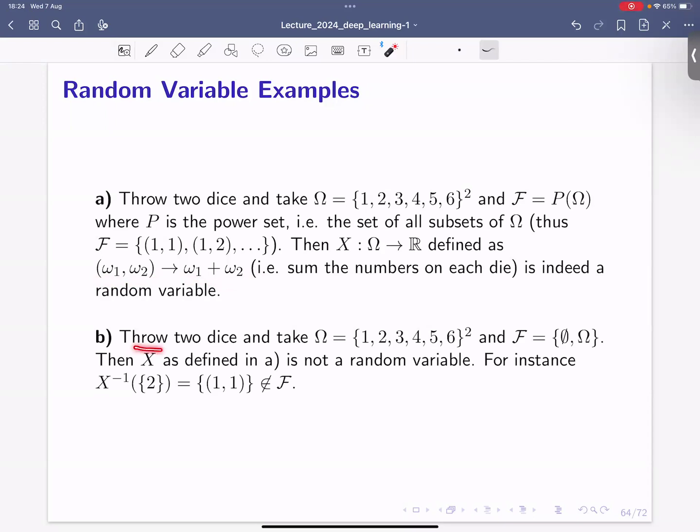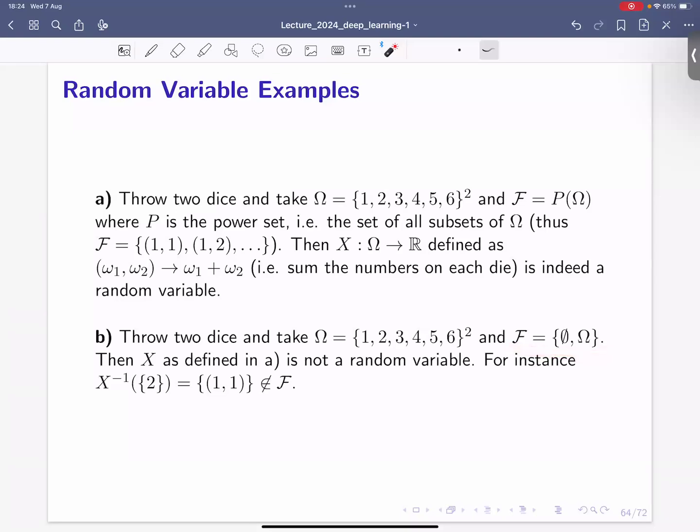Another example: we take two dice and again have the same sample space, but now for the sigma algebra, we just take the trivial sigma algebra, so the empty set or the whole set. Then you have to be careful, because x, as defined in the previous example, the sum, is not a random variable. The reason is that if you look at the inverse of, for instance, 2, this will be (1,1), but this is not in our sigma algebra.